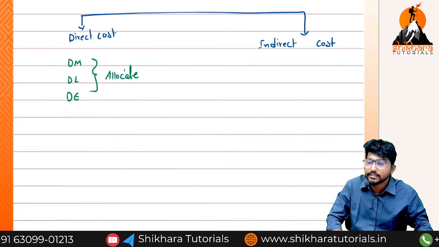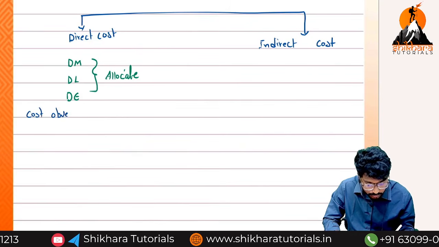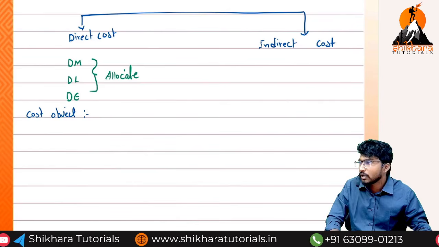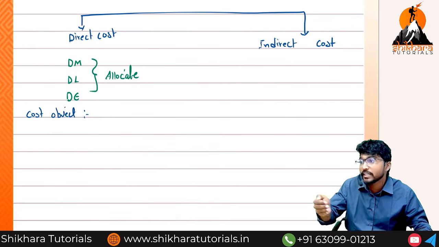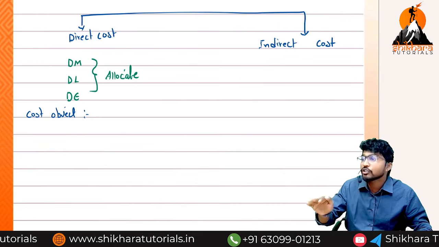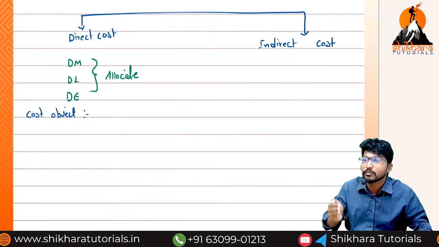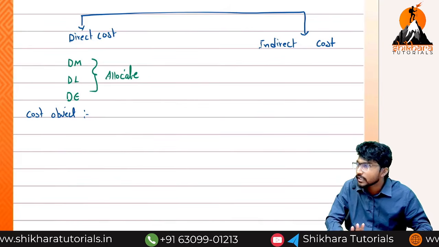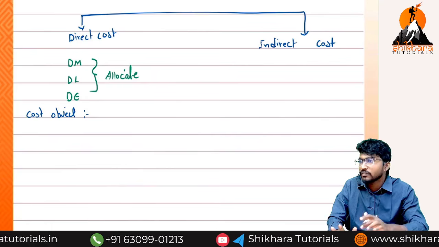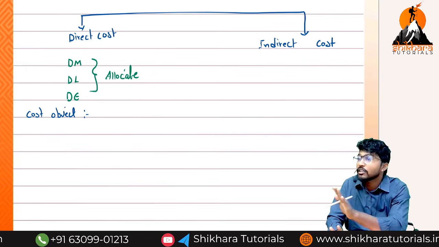Cost object. Now what is cost object? A cost object is a product, or it is a service, or it may be a department, or it may be a division, or anything which requires cost measurement, or nothing but that for which we are calculating the cost. For example, if I am calculating the cost for one student in this class, my cost object is that particular student.